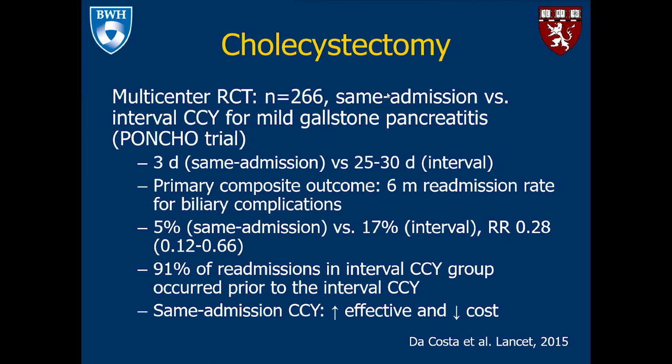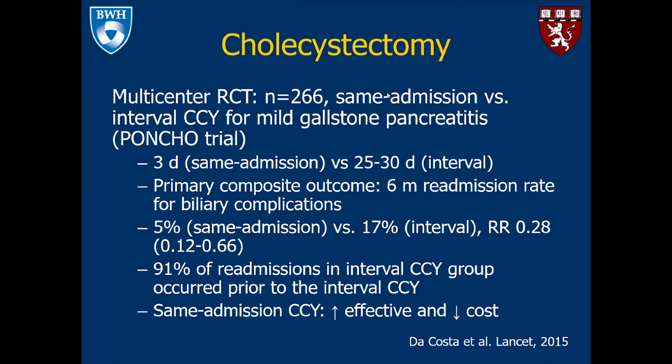And we see that 3-day versus 25 to 30-day interval timing of cholecystectomy. The primary composite outcome was 6-month readmission rate for biliary complication. And we found this in 5% of the same admission versus 17% of the interval admission. And 91% of readmissions in the interval cholecystectomy group occurred prior to the interval cholecystectomy.